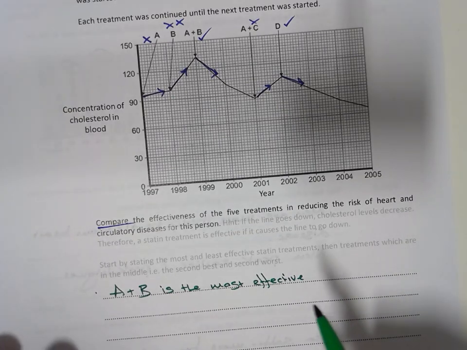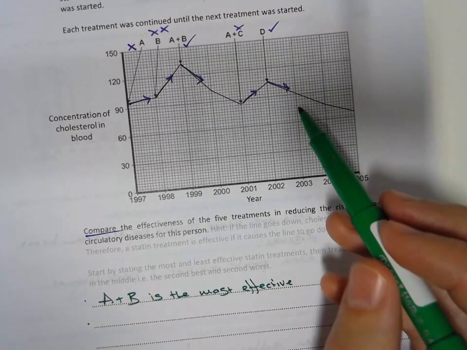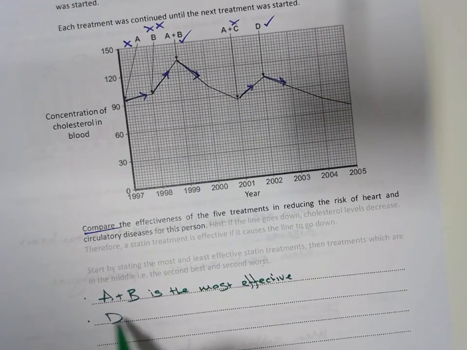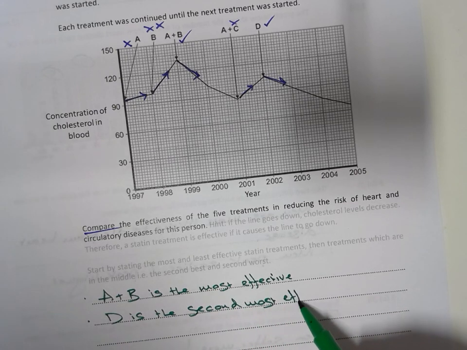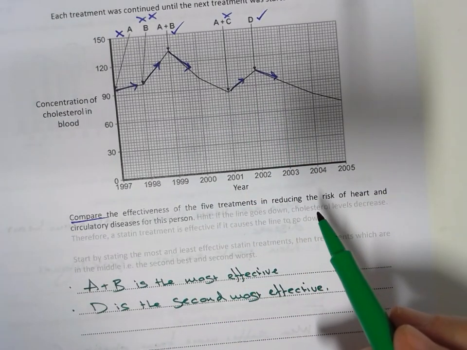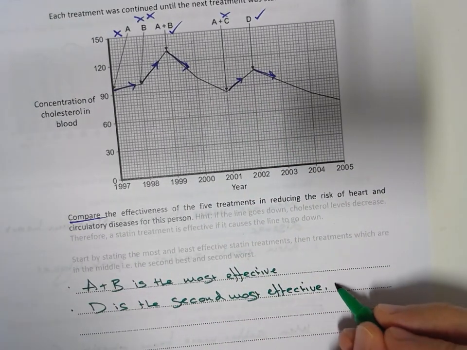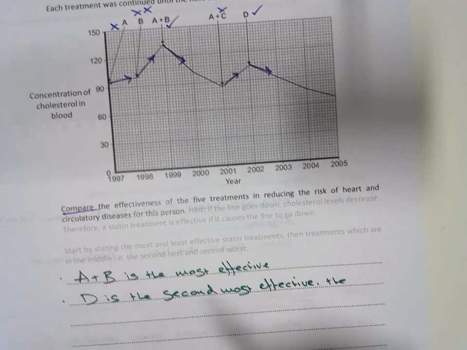Now, D is the second most effective, and we could say it's the most effective single treatment, because obviously A and B is two treatments together.